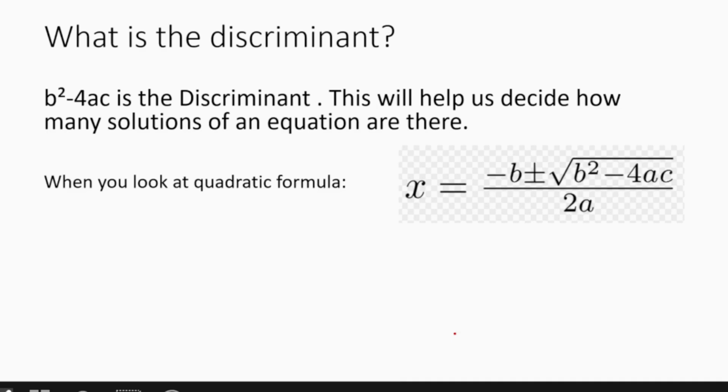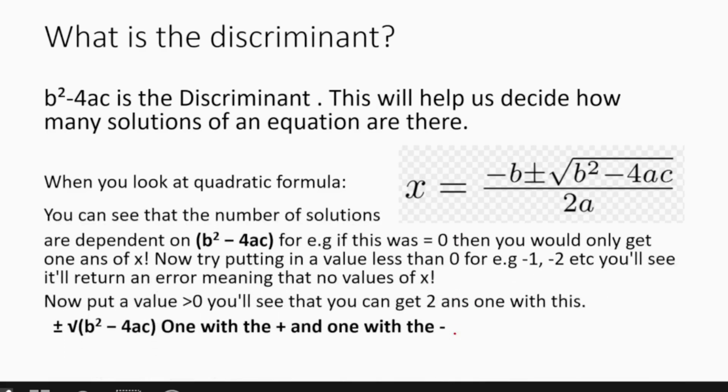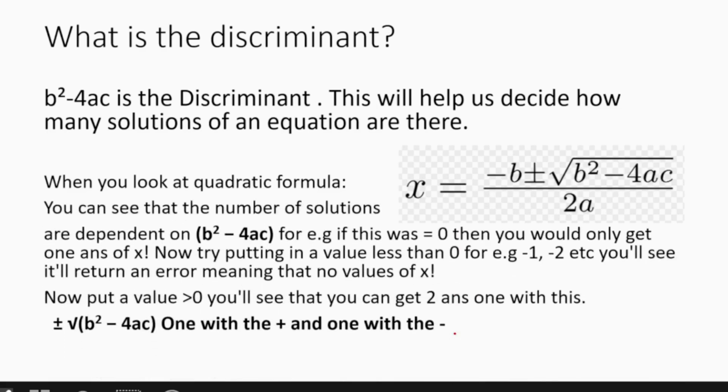Now you can see that the number of solutions will completely depend on b² - 4ac. As you saw before, if it was negative, there will be no real solutions. Just like that, I am going to use the same logic over here. So if b² - 4ac was 0, then only -b over 2a will be left.